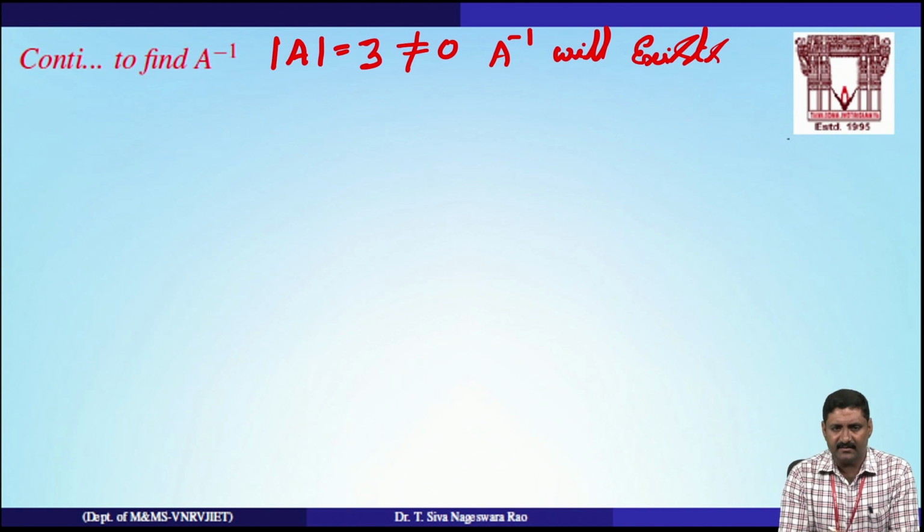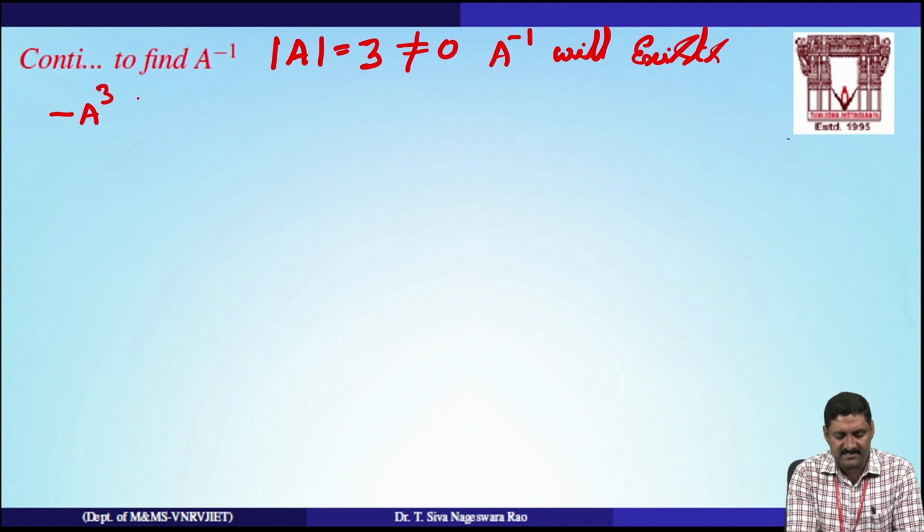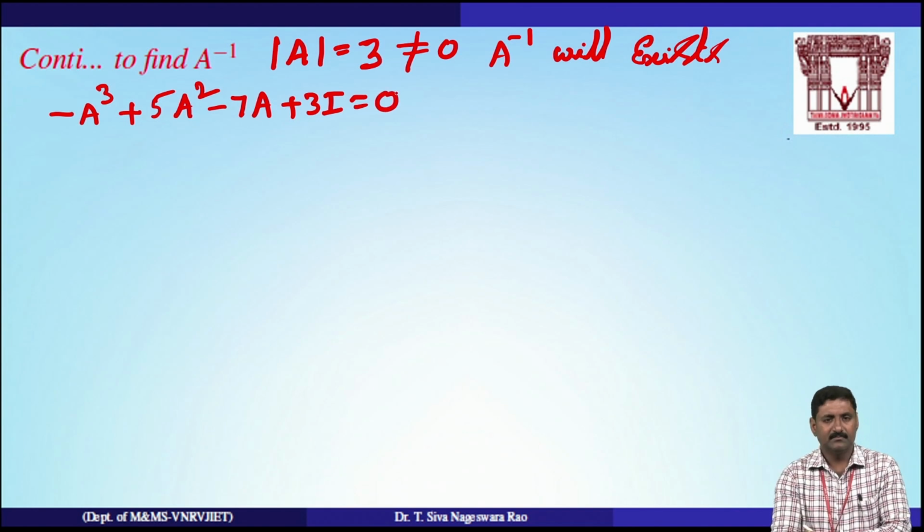Again, here we will take the matrix equation. The matrix equation is minus A cube plus 5A square minus 7A plus 3I is equal to O, 0 matrix. Anyway, det A not equal to 0, so A inverse we can find.